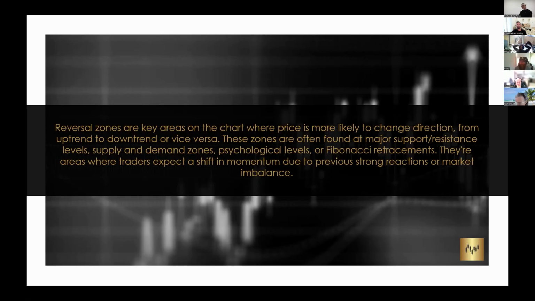Uptrend or downtrend, vice versa. These zones are often found at major levels, supply and demand zones, psychological levels, fib retracement areas. They're areas where traders expect a shift in momentum due to previous strong reactions or market imbalance. So once again, don't draw any one single line. We need to highlight and identify zones.